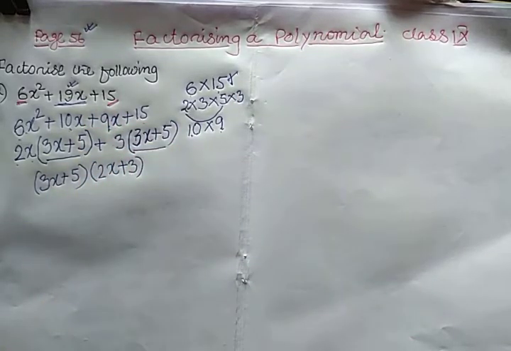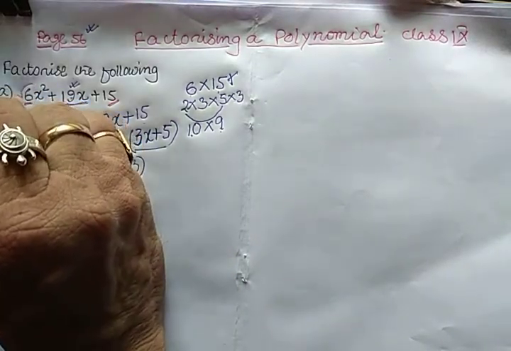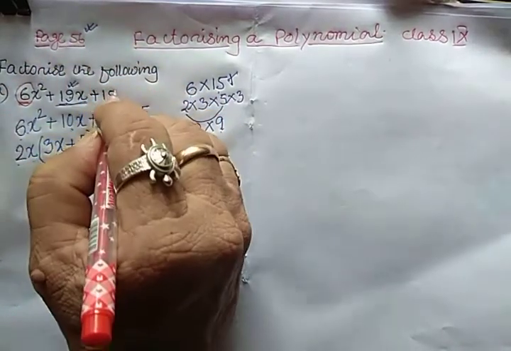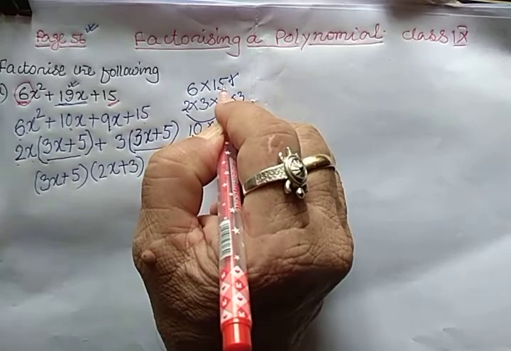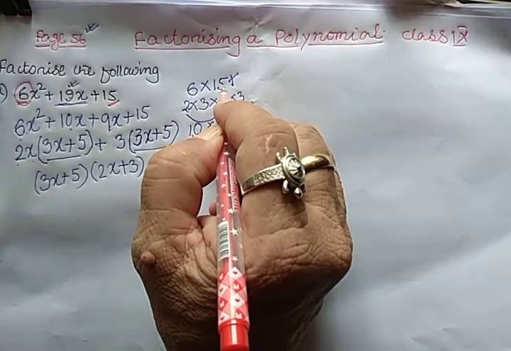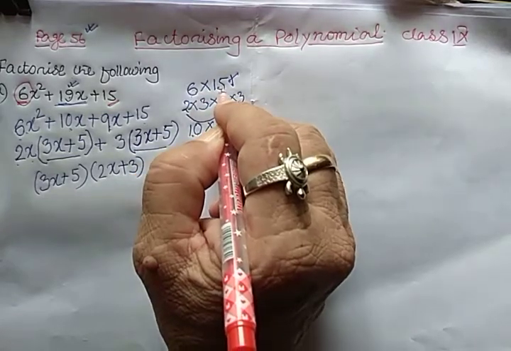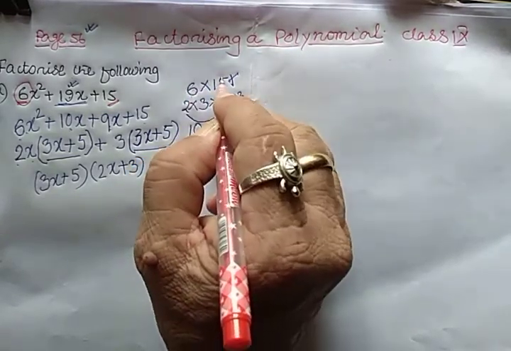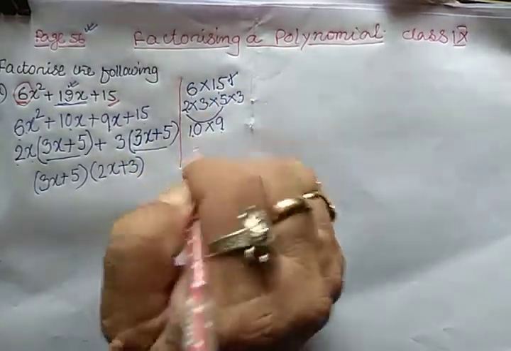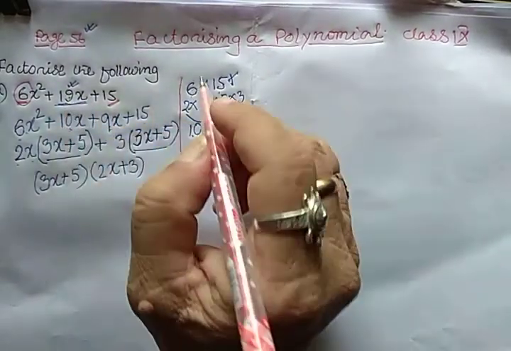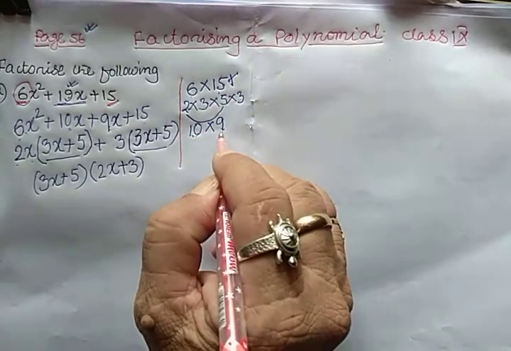Let me explain once again. What we should do? We have to take the product of the coefficient of x square and this constant, 6 into 15. We have to find the factors in such a way that by multiplying you should get 90, and by adding you should get 19. So the factors of 90 are 10 into 9.